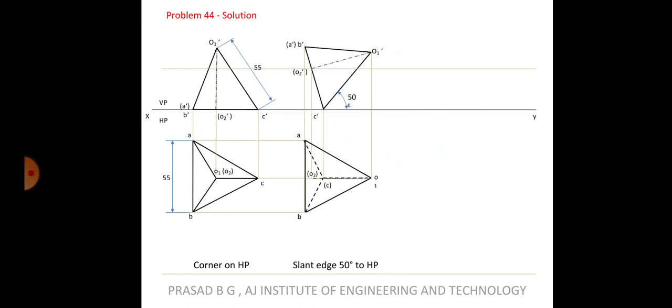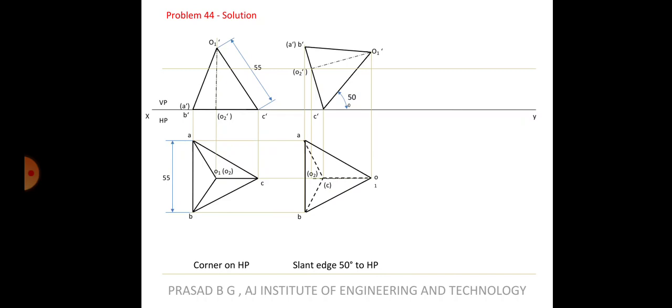So in this case you have to see whether the locus has to be drawn or not. OC. What we have to do is check whether there is any change in length from the first view to the second view, right? So what is the actual length of OC? 55, isn't it?